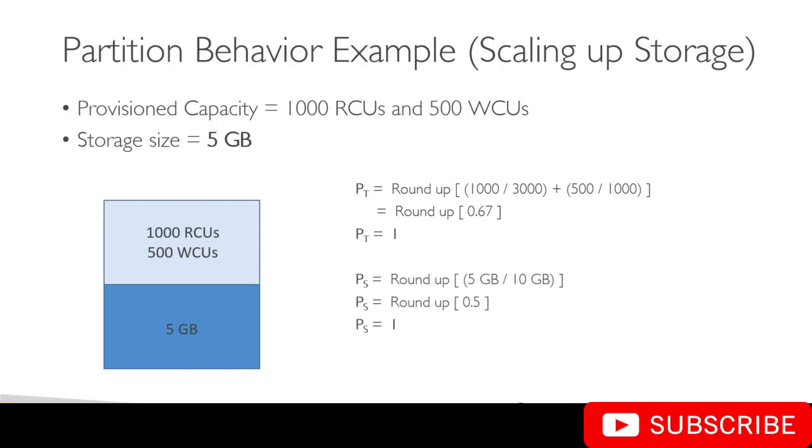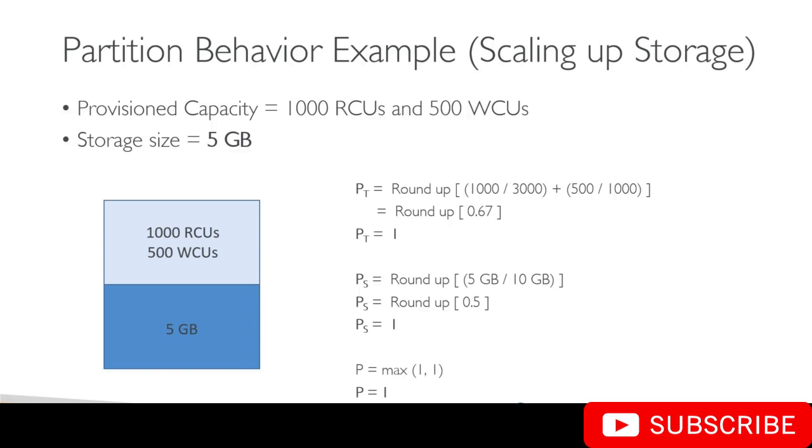So you get about 0.5. Again, with storage also you need about 1 partition. So the final number of partitions that you need is the maximum of the 2 values. 1 or 1 will be 1. So with 5 gigs of storage and with 1000 RCUs and 500 WCUs, you're going to need about 1 partition.